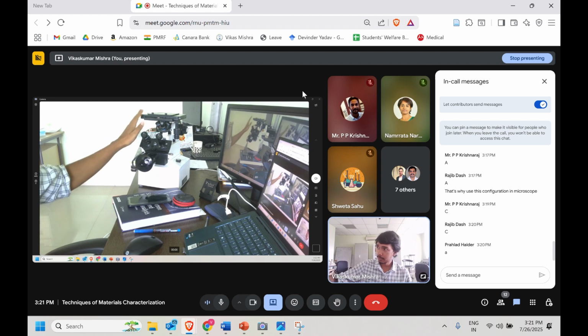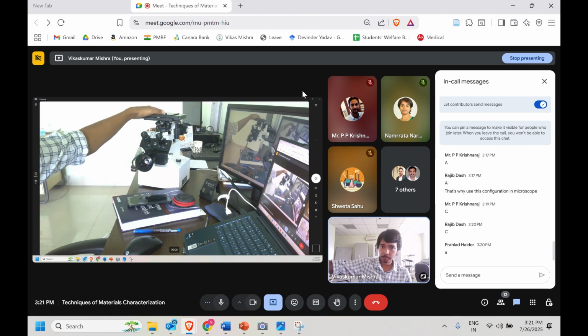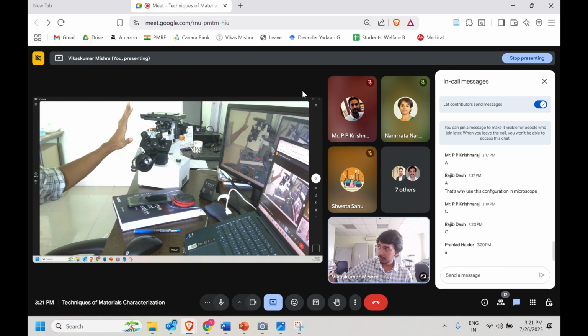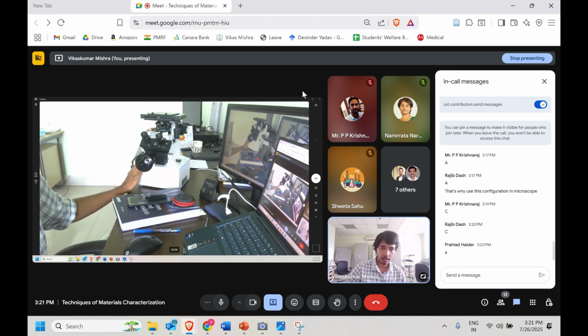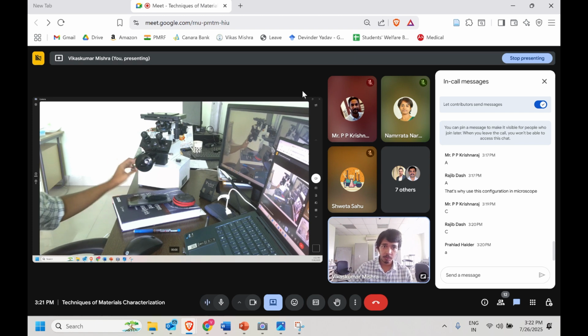Here is the objective lens. Here is the eyepiece. Here is the stage where I will keep the specimen. Can anyone tell me what is the configuration of this particular microscope? Is it inverted?